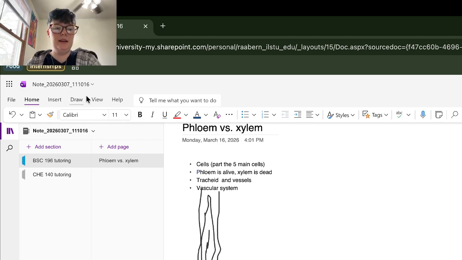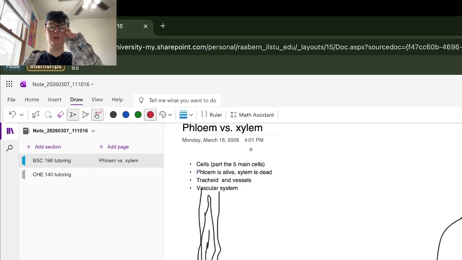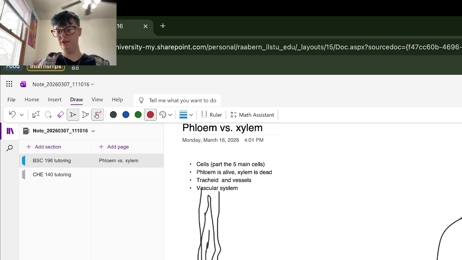So basically, if I go and draw something else for you guys, say that you cut a stem in half and face it towards you. So this is the stem. In the center of the stem, you're going to see this white circle, and that is going to be pith. So pith is a part of the vascular system as well, and it is mostly there for water and sugar storage, sort of like the hump on a camel's back is how you could think of it.